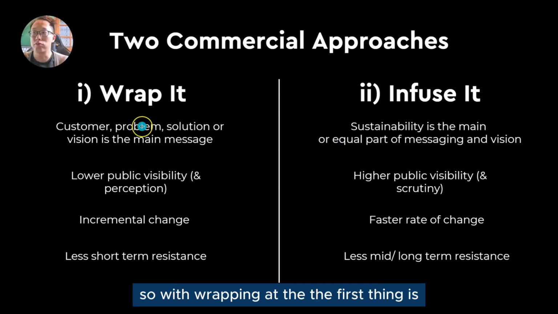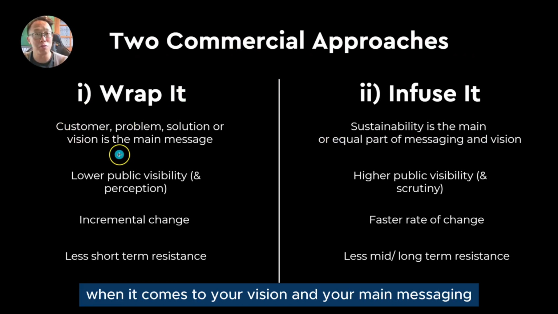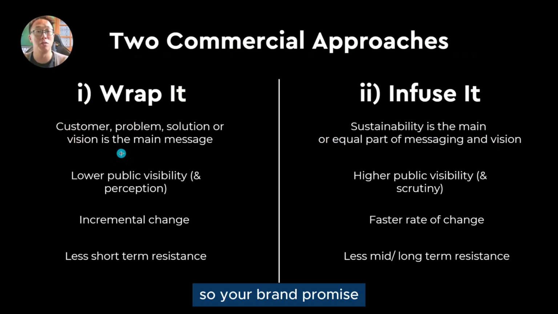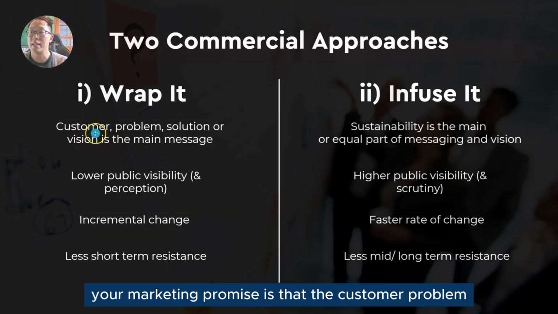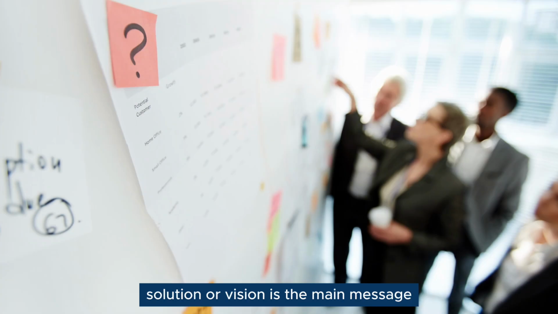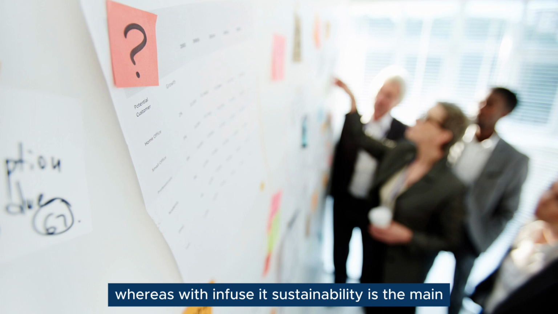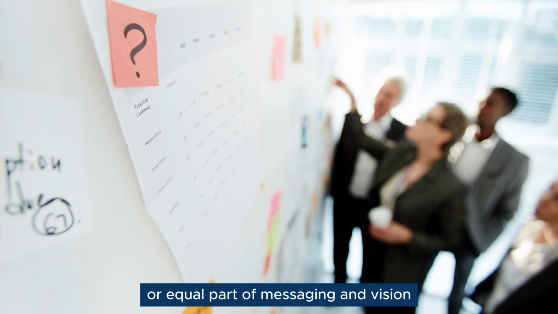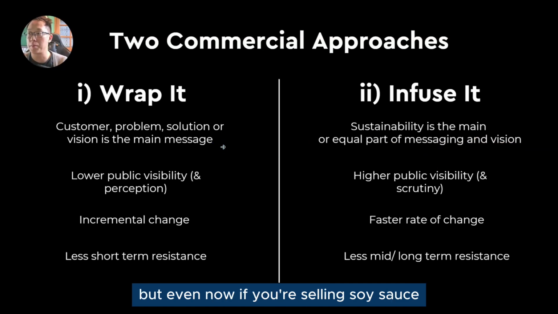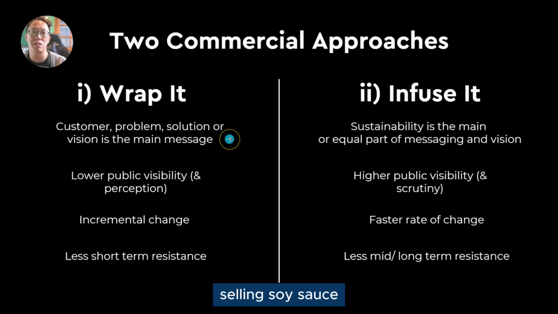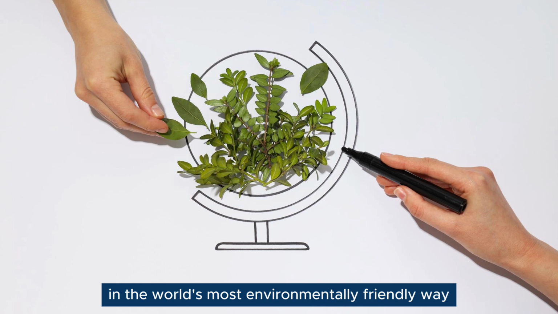So with wrapping it, the first thing is when it comes to your vision and your main messaging, so your brand promise, your marketing promise, the customer problem, solution, or vision is the main message. Whereas with Infuse It, sustainability is the main or equal part of messaging and vision. I'll give you an example very shortly, but even now, if you're selling soy sauce, you wouldn't have anything in your vision that says selling soy sauce in the world's most environmentally friendly way.